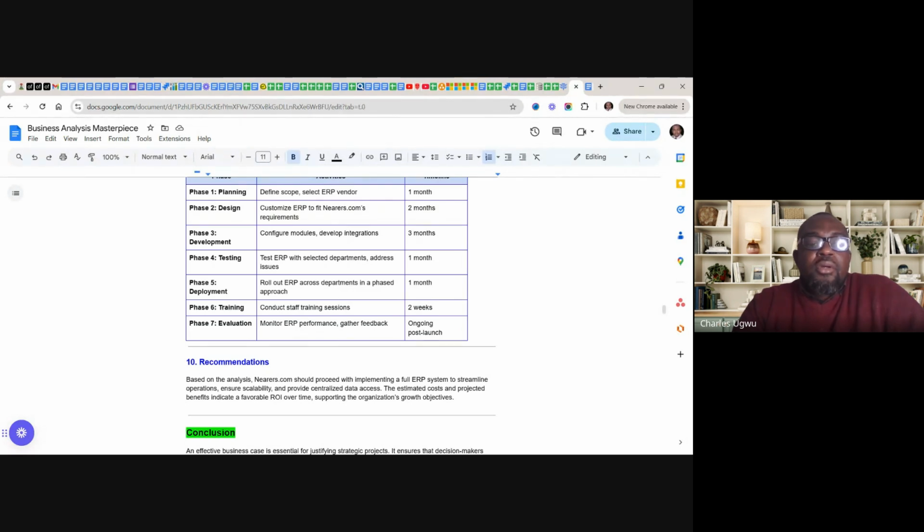Based on the analysis, Nearas.com should proceed with implementation of a full ERP system to streamline operation, ensure scalability, and provide centralized data assets. The estimated cost and projected benefit indicate a favorable return on investment over time, supporting the organizational growth objective.